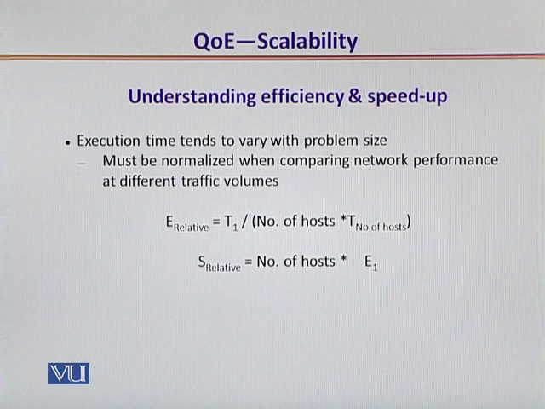So if we are looking at, let's say, one server, the number of hosts will be 1 and the execution time would be for one host. So we'll get S relative as equal to one, the server speed up. But if we increase the number of hosts to be equal to, say, 10 servers, in that case, we see that S relative is giving us a factor of 10. So this is the case when we are getting a speed up of 10 by including 9 additional servers.